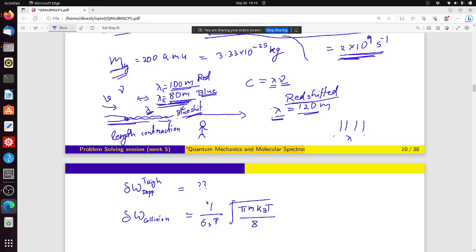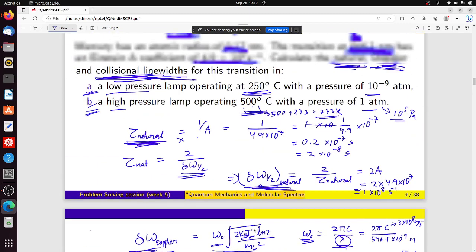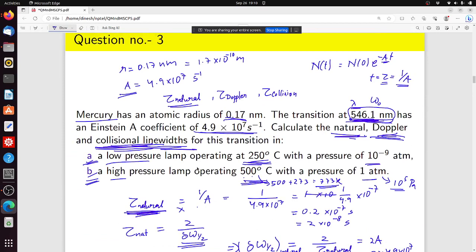Okay, so in this question, the radius of the mercury atom is given. So from that we can calculate the area, and the approximation we are taking is that the cross section is nearly equal to area.